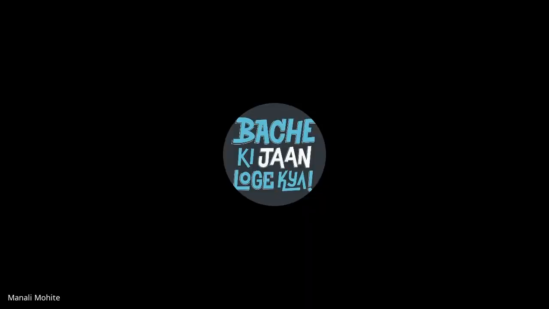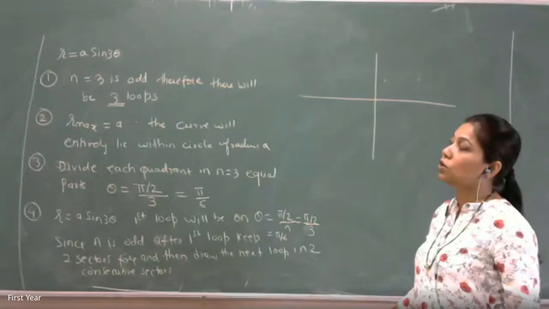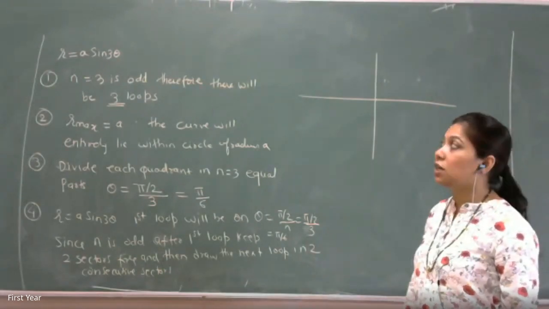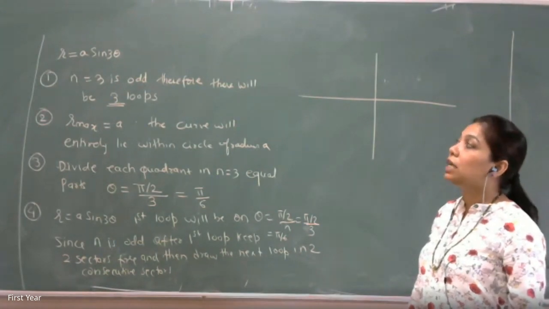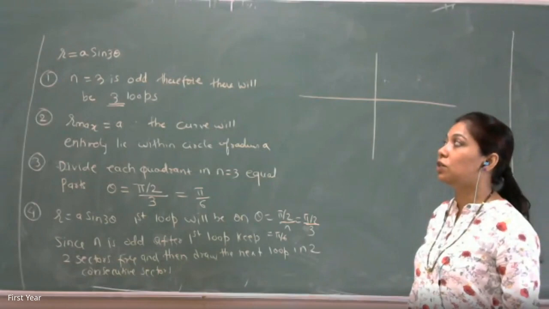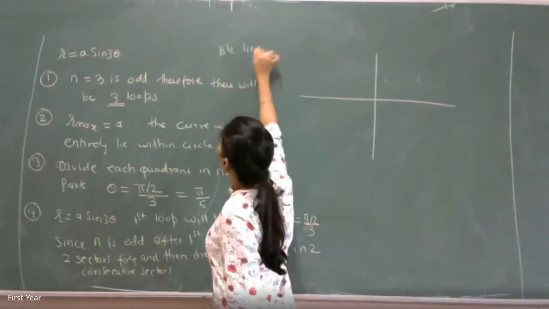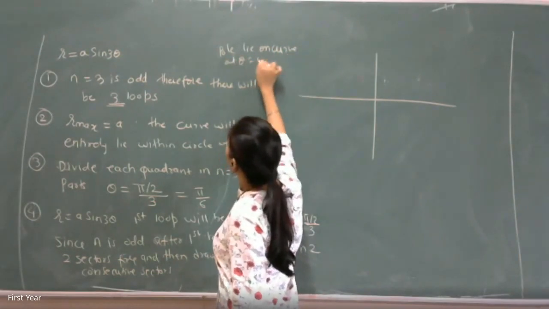For θ = 0, sin 3θ is also 0, and that's why r will be 0. The other one, pi by 3, gives 3θ = pi, and sin pi is 0, so again we get r = 0. So for all these multiples, the pole lies on the curve.